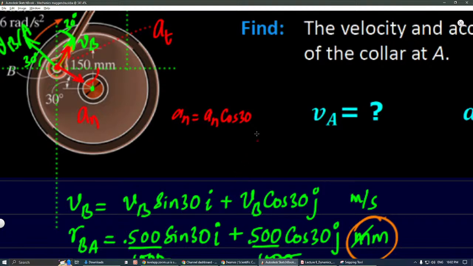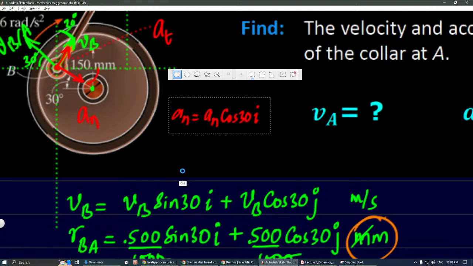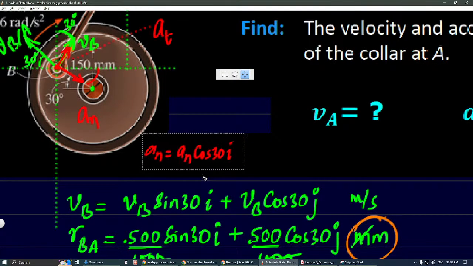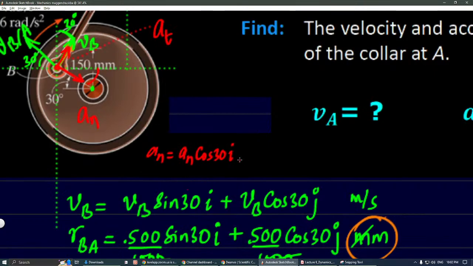So an cos 30, it's in positive direction, that is x direction. But y direction is downwards, no? This normal acceleration, i is forward, so it is positive.